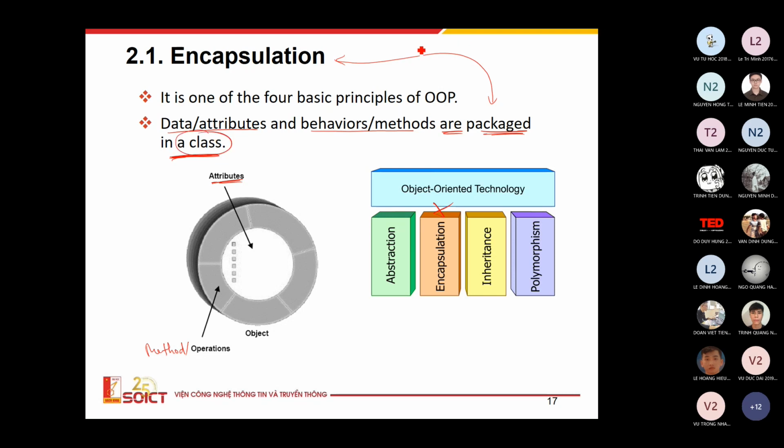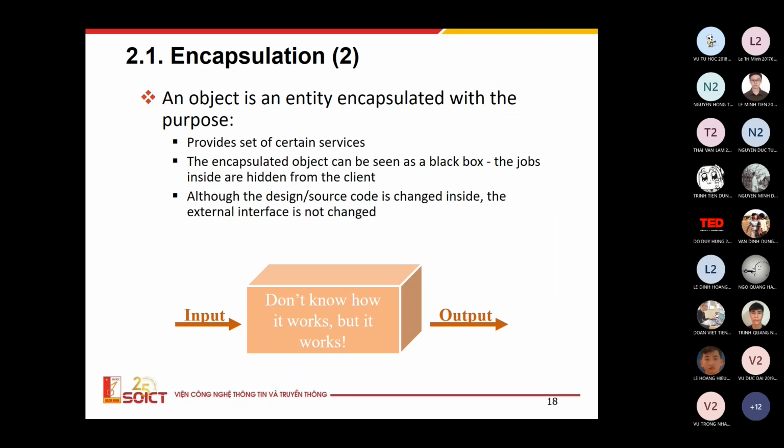Okay, this is the way we pack the data and behavior in a class. And the purpose of this encapsulation is you want to provide a set of certain service. You want to provide to user some service, and you will pack it in a class.